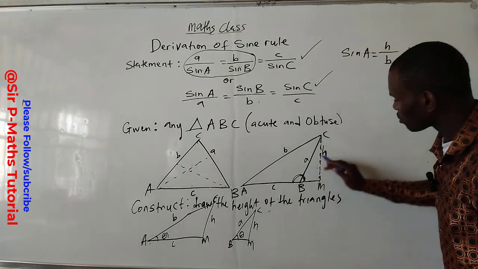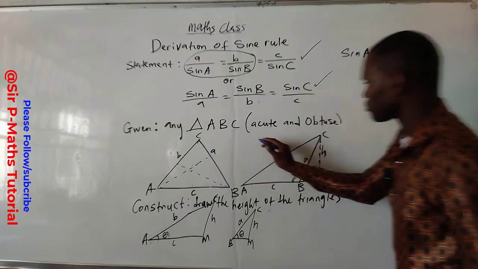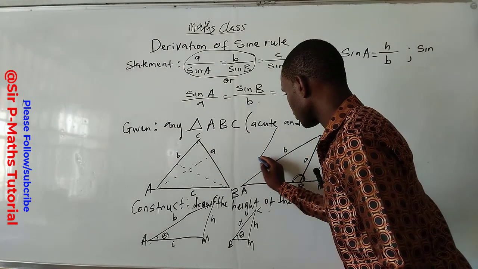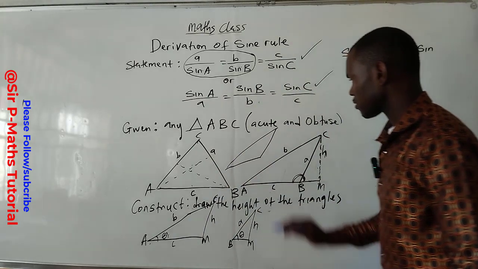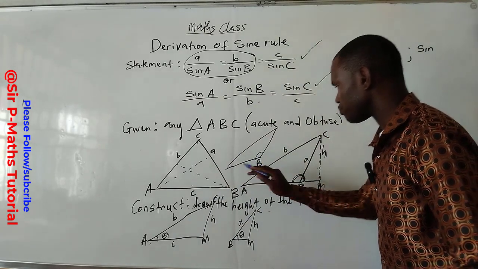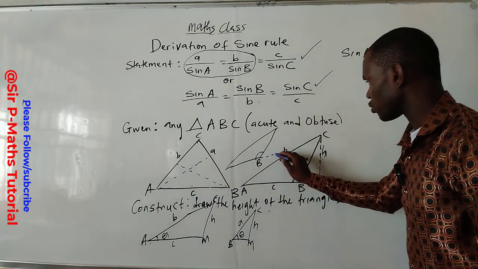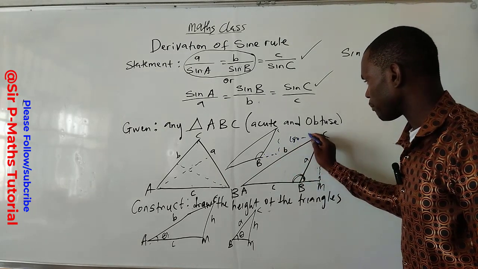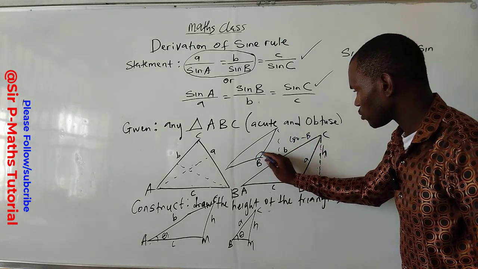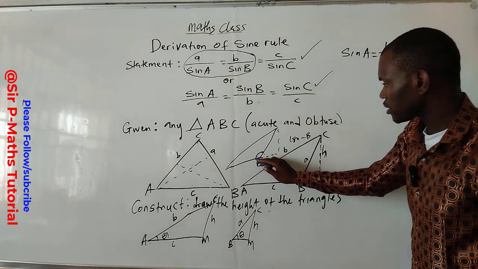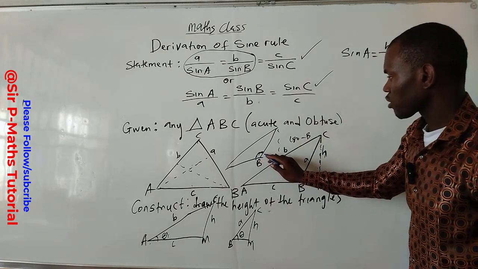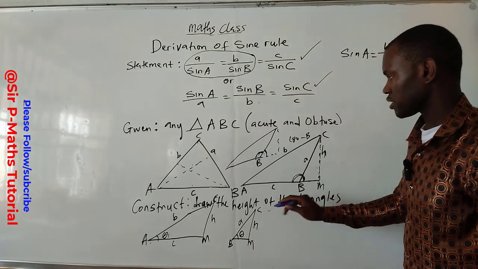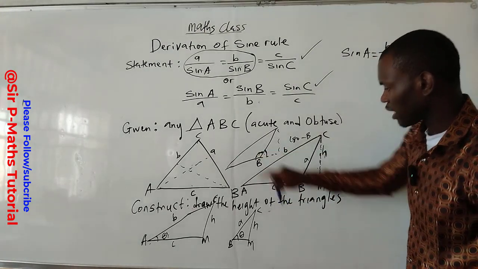I will also have sine B, but I will not be using B because the angle from the original diagram, recall the original diagram was like this. So here is the angle B. When I did my production, here will now become 180 minus B. This is the original angle given in the diagram. So 180 minus B, in the sense that to get the angle on this side, we have to remove the one that I have here.